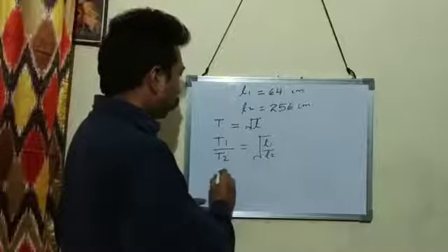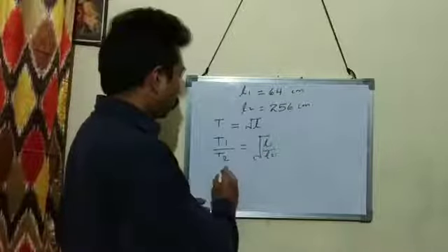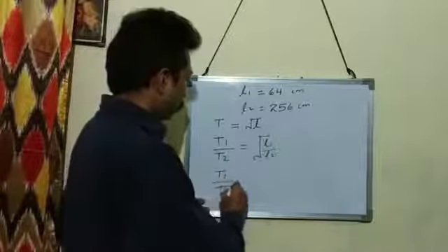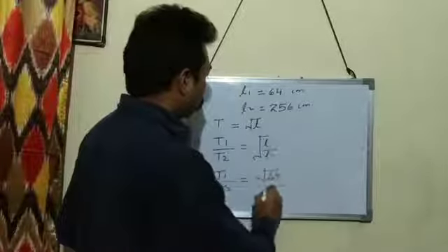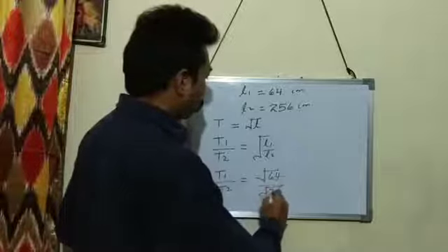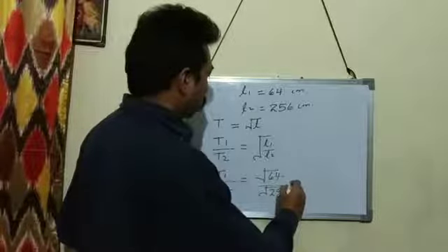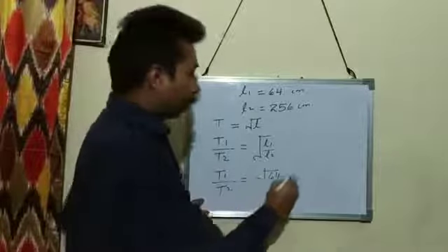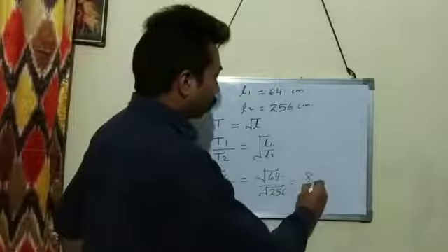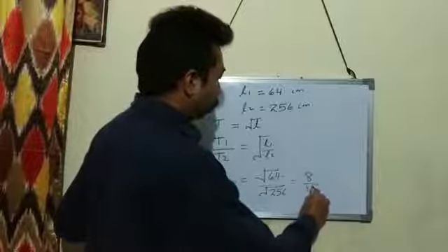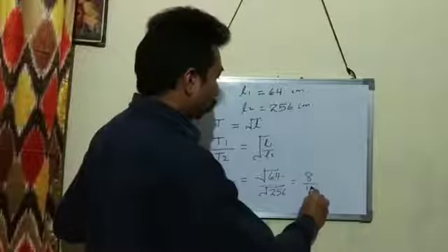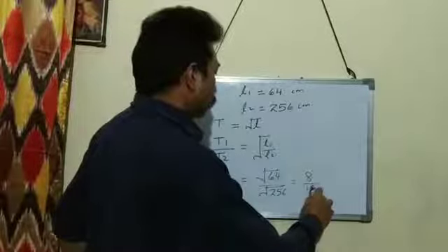That is equal to square root of 64 divided by square root of 256. Square root of 64 is 8 and square root of 256 is 16.